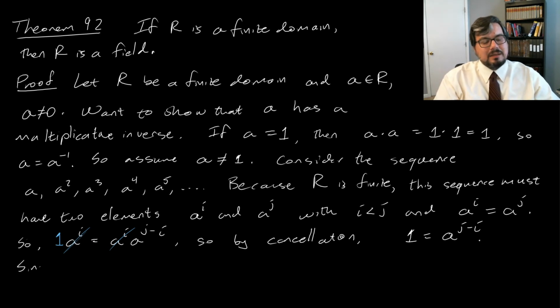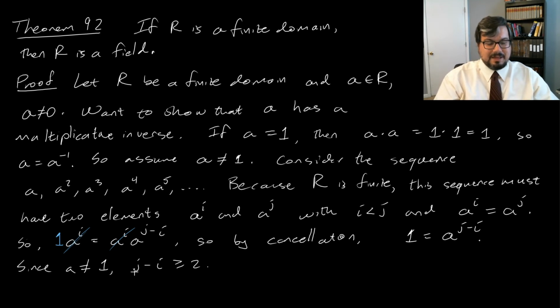Now, since a is not equal to 1, we have that j-i has to be greater than or equal to 2. We know that j is greater than i, but if j-i were equal to 1, then that would mean that a to the first power is equal to the multiplicative identity, and we've already assumed that a is not equal to the multiplicative identity.